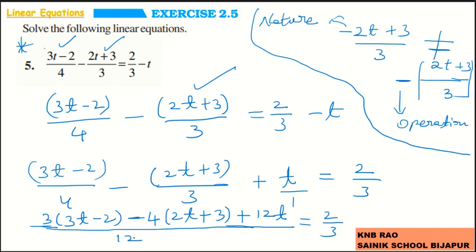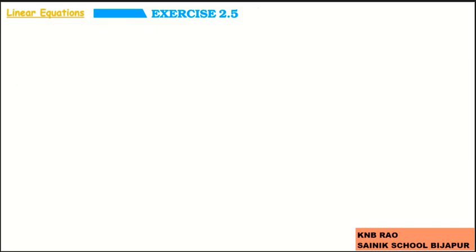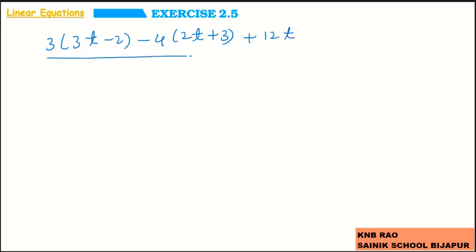So this is the first important simplification. Now continuing further, I am writing the same thing here, 3 times (3t minus 2) minus 4 times (2t plus 3) plus 12t upon 12 equals 2 by 3.